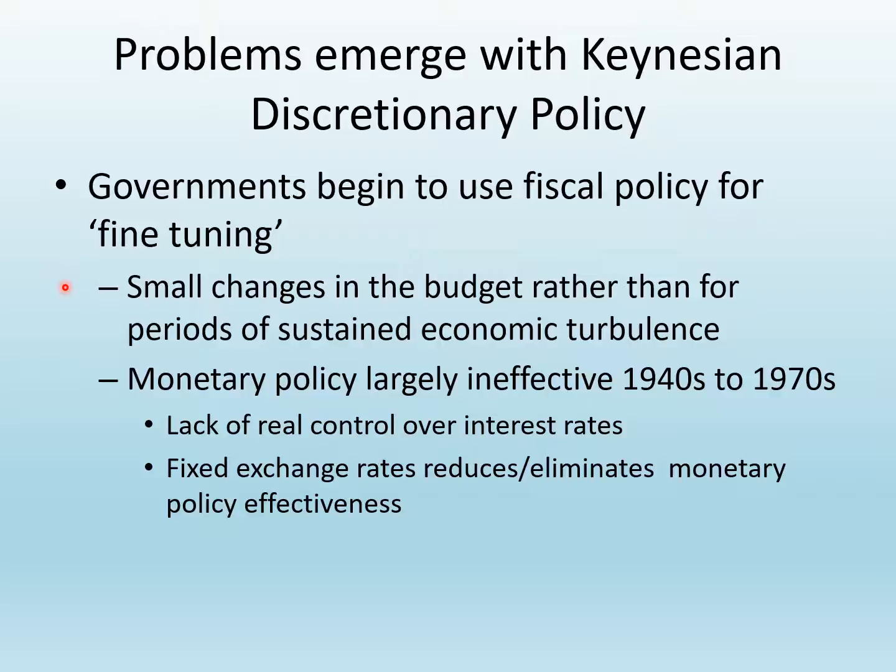So, for instance, if government has a target, say, of economic growth of 5% and the economy is growing at 4%, governments then began to use discretionary fiscal policy to ensure that the economy grew at the 5% rather than the 4% level. That was problematic.